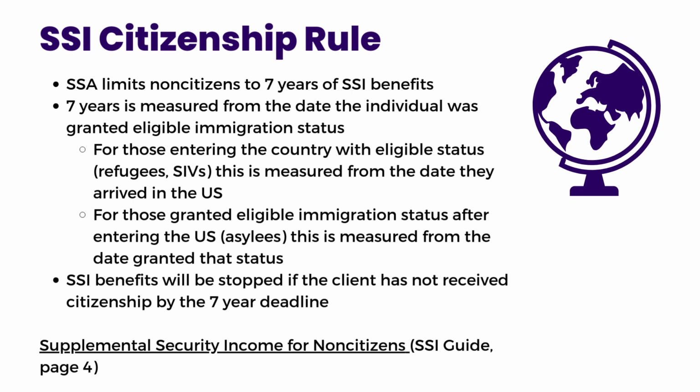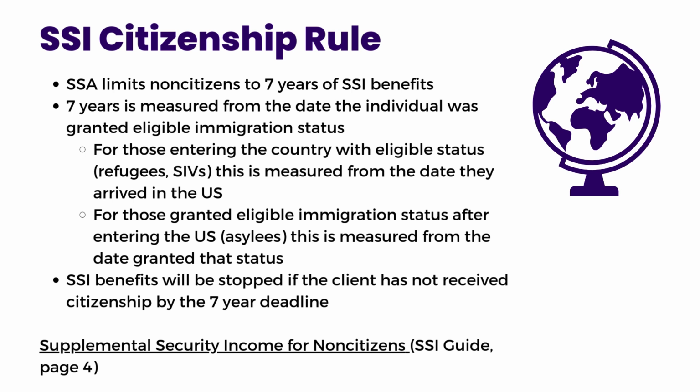For asylees and others that were granted an immigration status after their arrival in the U.S. that qualifies for SSI, this is the date that they were granted that status. If your client does not gain citizenship within 7 years from that date, their SSI benefits will be stopped. So it's important to ensure that clients are aware of this rule if they are approved for SSI benefits.